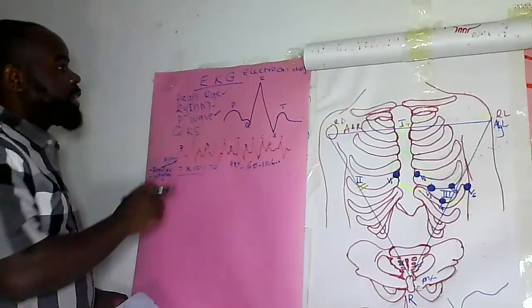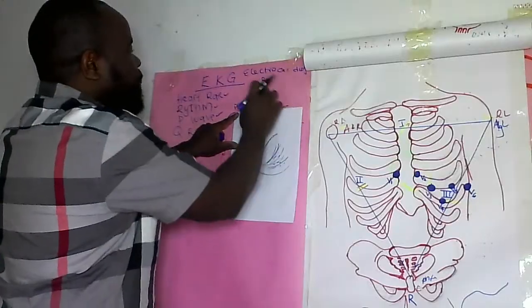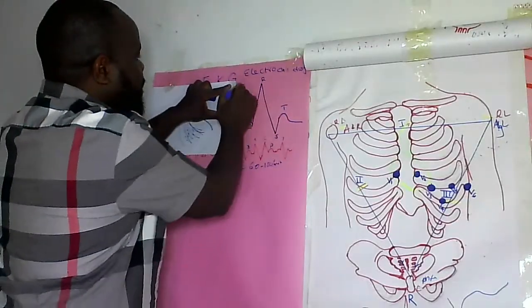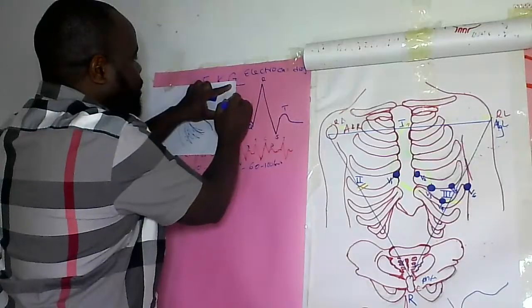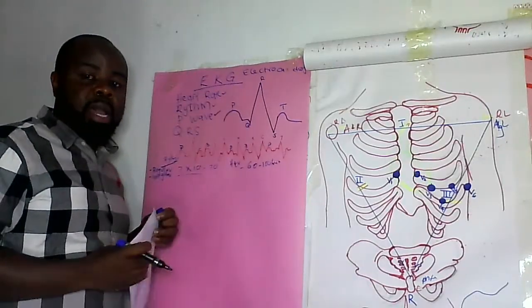The PR interval, from here to here. You put a paper here and check, because it will give you a lead on the problems of the heart blocks.